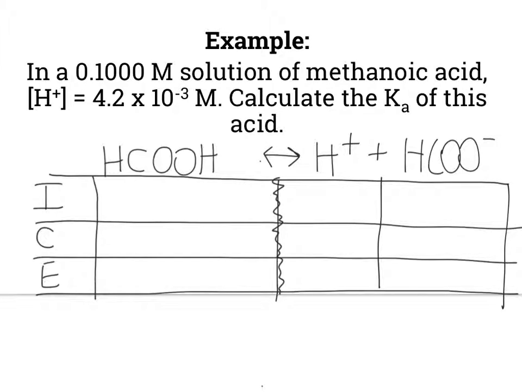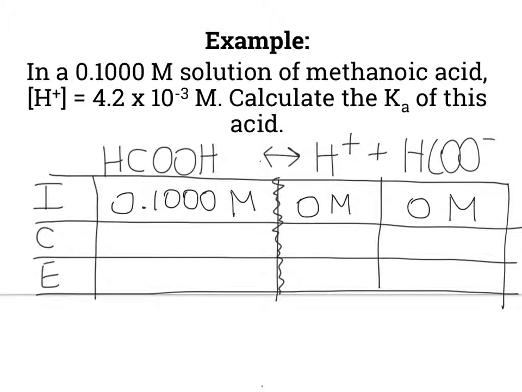Okay. So, hopefully you got something written down. If not, that's okay. Just make sure you're paying attention. We are starting with a 0.1 molar solution of this acid. That means our initial is 0.1000 molar. We're just starting with the acid, which means we're not starting with any hydrogen, and we're not starting with any anion. Methanoate, I believe is what it's called.